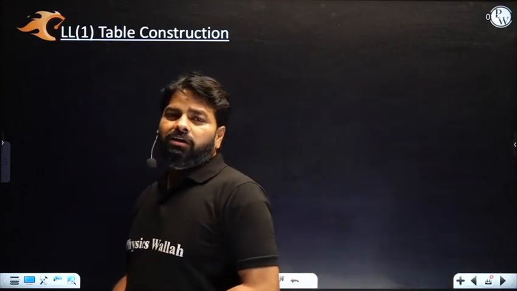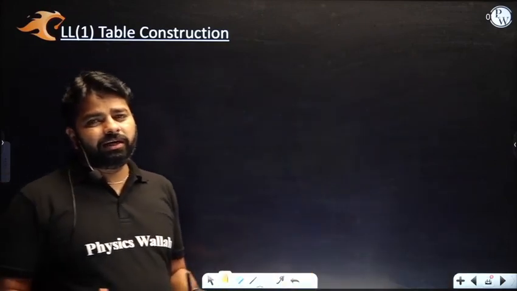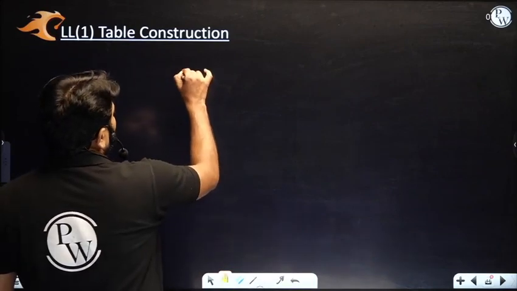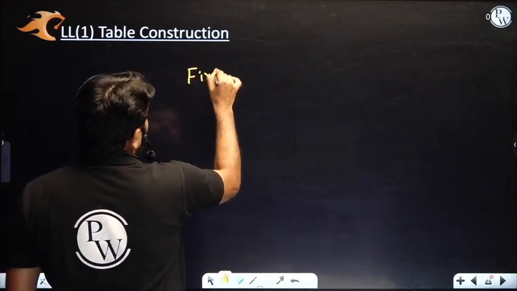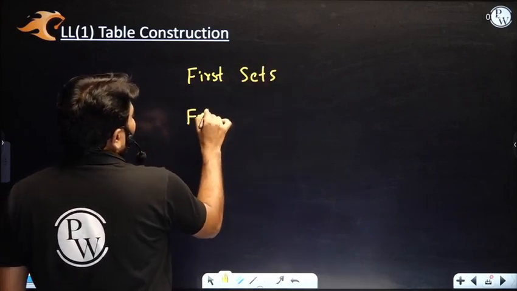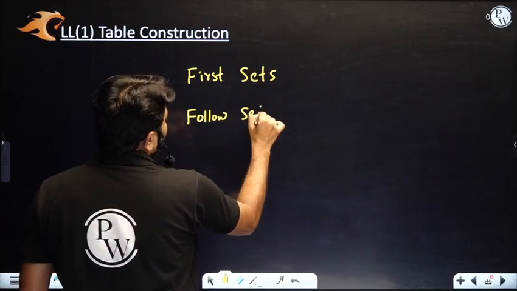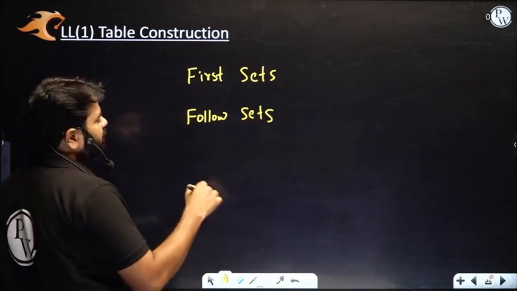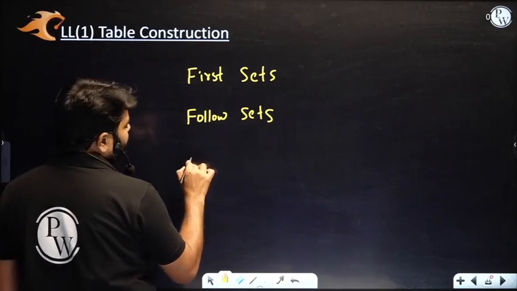So you have got to understand how to construct the LL1 table. What is the approach? First you compute all the first sets, then compute, if required, the follow sets, then fill the table.